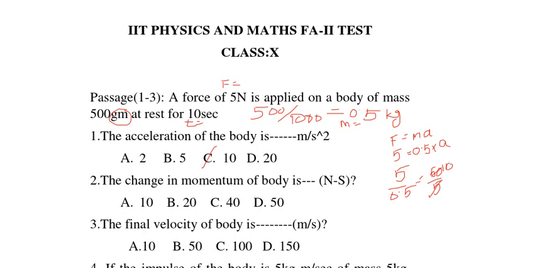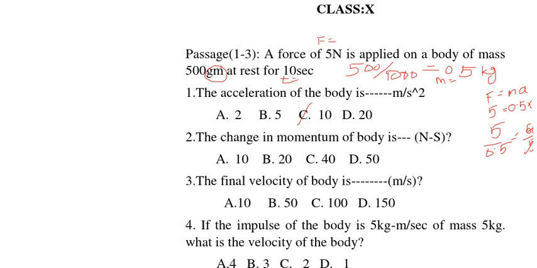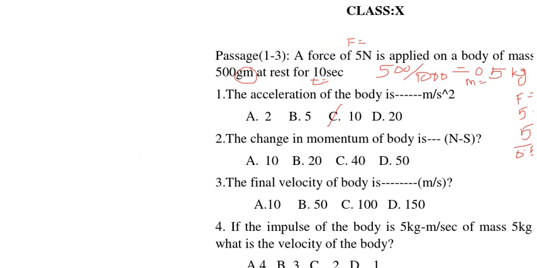Then go to question number 2: the change of momentum of the body. What is the momentum formula? P is equal to m into v. Here we know the m value, but we don't know the v value.